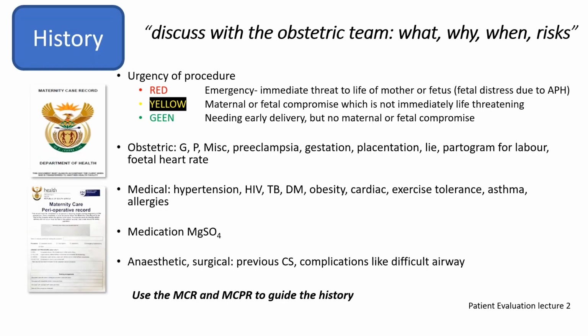So next, it is important to discuss with your obstetric team the what, the why, the when, and the risks. Decide early on the urgency of the procedure. Red cesarean sections are classified as emergencies, an immediate threat to the life of the mother and the fetus, especially with fetal distress, for example due to APH.